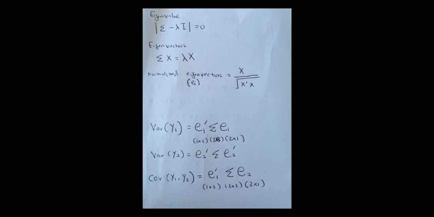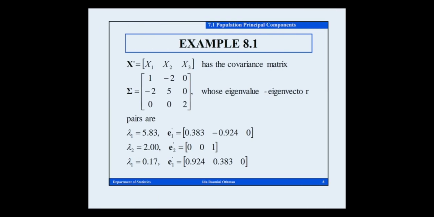Okay, so you akan ada if you have 3 lambda, you akan ada 3 jugalah normalized eigenvector. Okay. Alright. So, let's say here is given the pair of the lambda dan juga E, the pair of eigenvalue and normalized eigenvector.